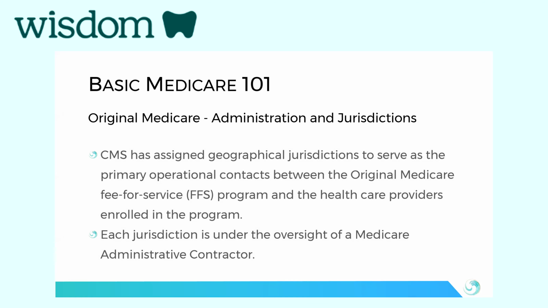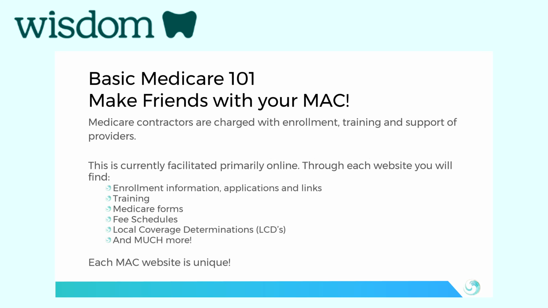So with basic Medicare, original Medicare, Medicare has divided up and assigned geographic jurisdictions by your location, by your state. And that's called a MAC, a Medicare Administrative Contractor. Your state has assigned you a MAC. So what do you need to know about your MAC? First of all, you need to make friends with your MAC.